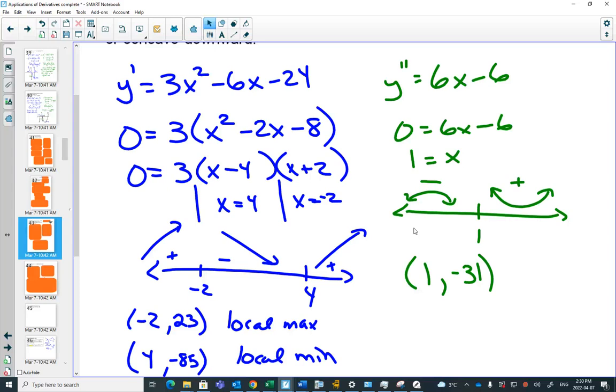One thing I would do on here is I'd label this one as y prime and this one as y double prime, so we know which ones are which. Is that a value that you were waiting for the solution to come up so you could write it down?